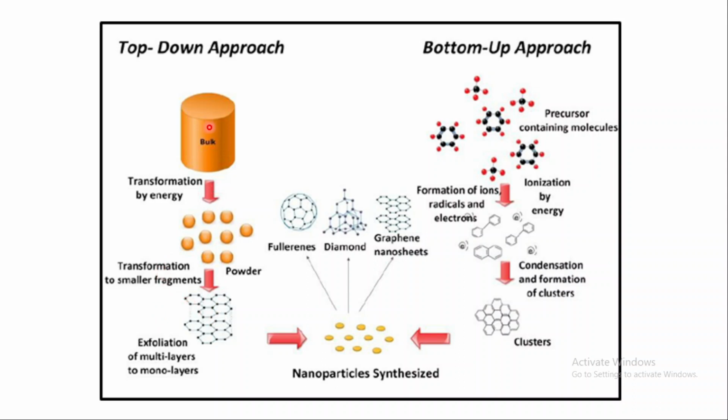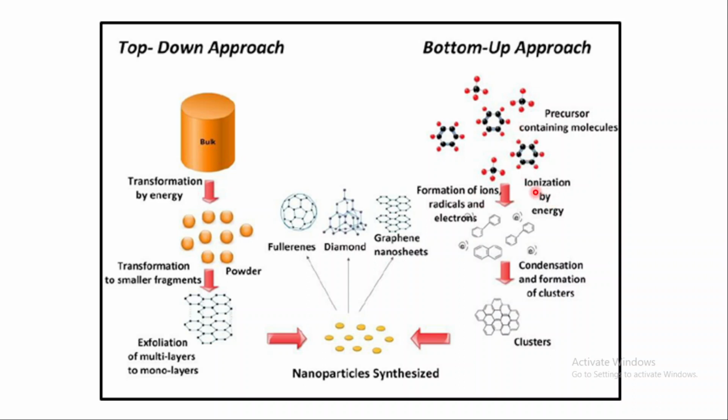So we start with bulk, we start with bigger size and go to the smaller size, which is known as top-down approach. But in bottom-up approach, we start with smaller size and then go to the nanoparticles, right? So that's the difference from top-down approach. In bottom-up approach, the precursor containing molecules are very small in size already. So we do not start with bulk material.